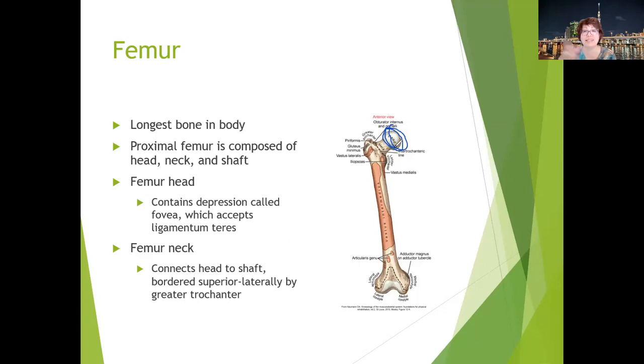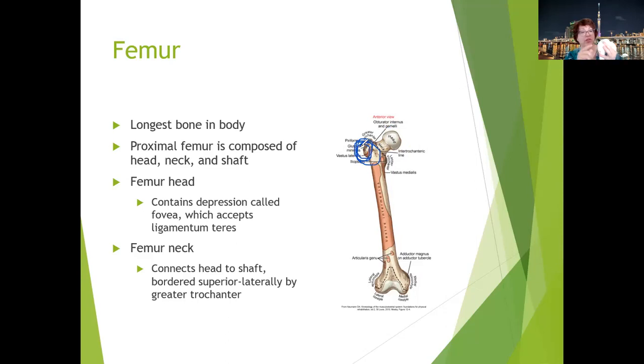The femoral neck connects the head to the shaft. So this part right here is the femoral neck. A lot of hip fractures occur at the femoral neck. Interesting. It is bordered superior laterally by the greater trochanter. The greater trochanter is a huge attachment site for a lot of muscles.